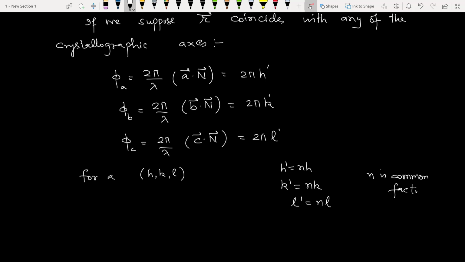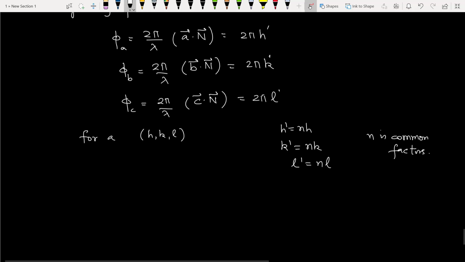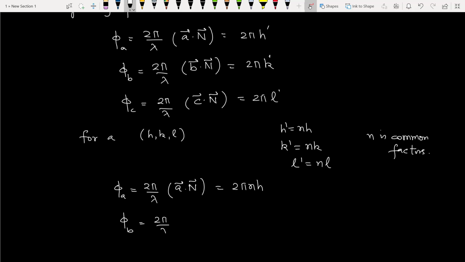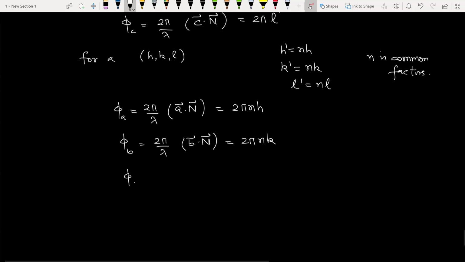then the above equations can be modified as phi a, it will be 2 pi by lambda a vector dot n vector, equal to 2 pi nh; phi b is 2 pi by lambda b dot n, 2 pi nk; phi c will be 2 pi by lambda c dot n, 2 pi nl.